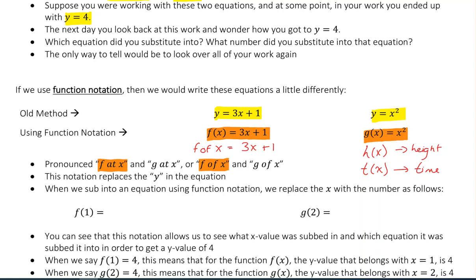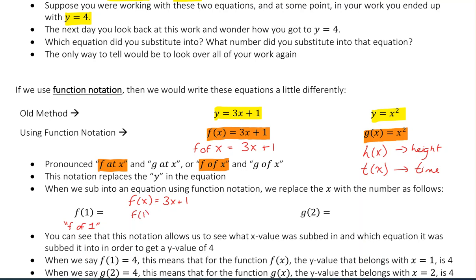So f of 1, this is what it says, f of 1. Now let's use the first example, the linear equation. I have f of x is equal to 3x plus 1. I want to know what happens when I substitute 1 in for x.